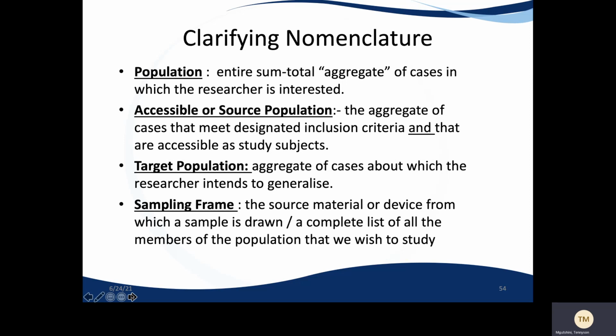Then, of course, there's this other thing that we call the sampling frame. Now, the sampling frame is identified as the source material or device from which your intended sample will be drawn. So if, for example, you were studying students at University X, then the sampling frame would probably be the list of all registered students or the database from which you get this list.